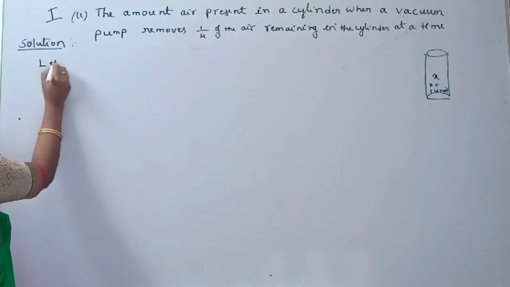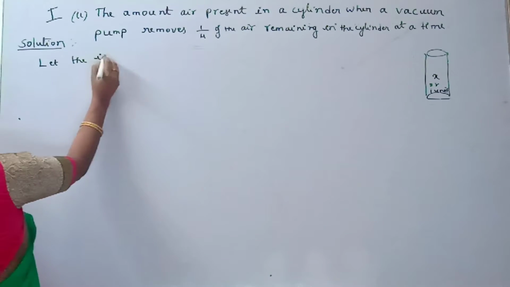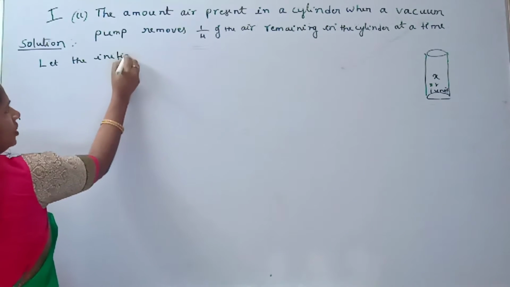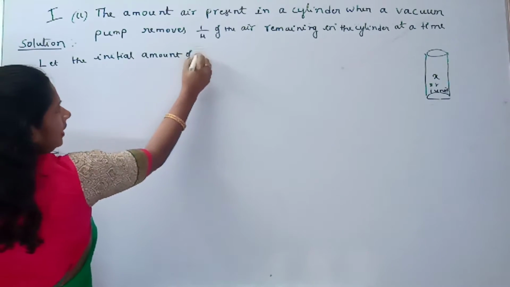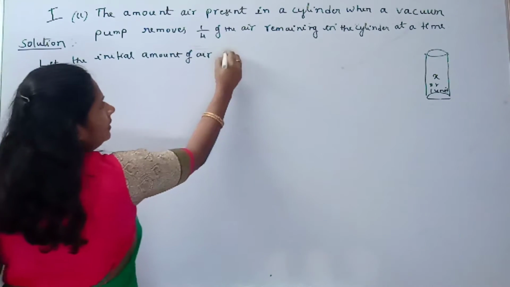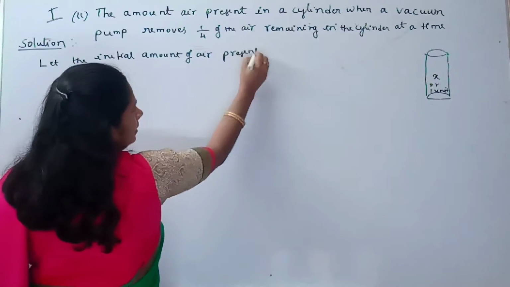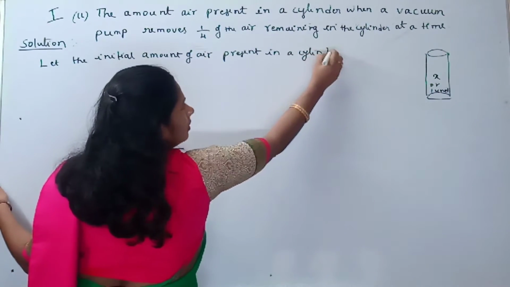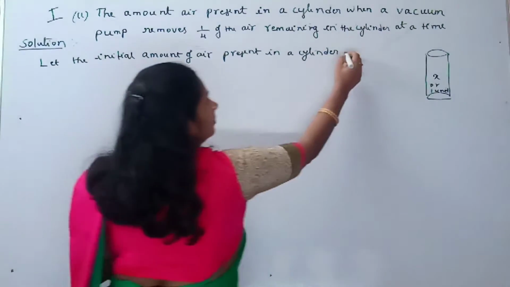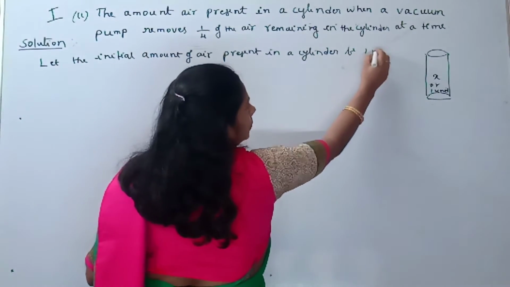Let the initial amount of air present in a cylinder be 1 unit.